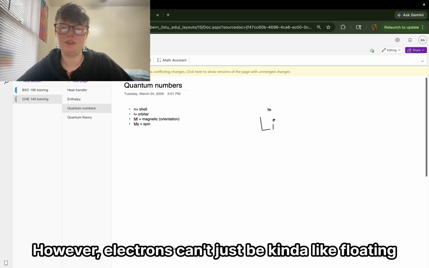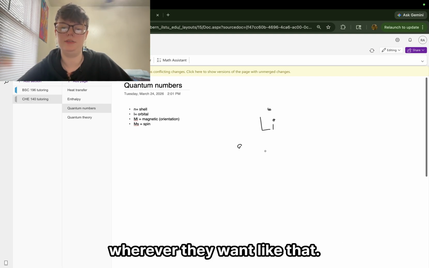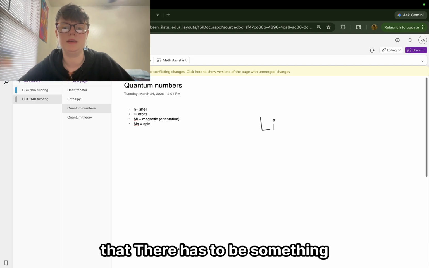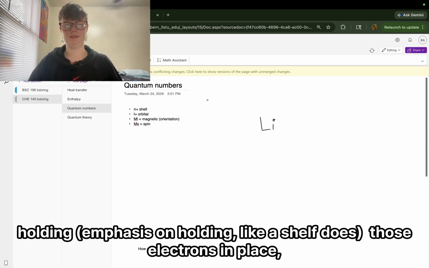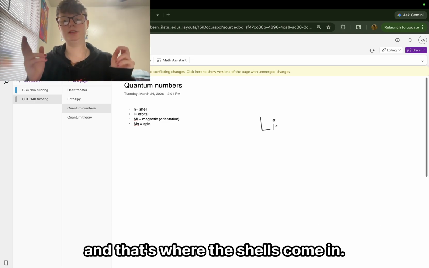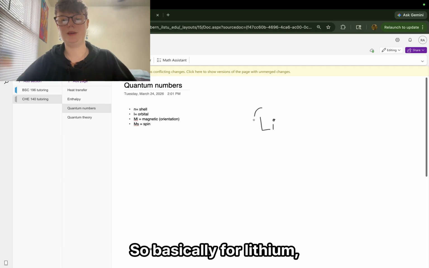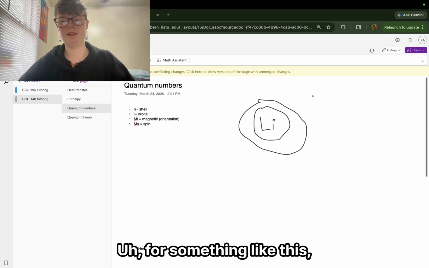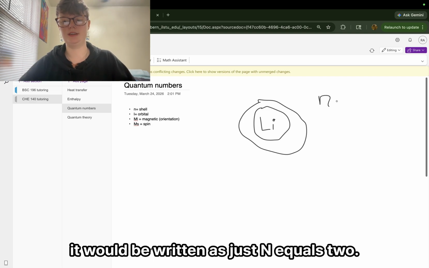However, electrons can't just be floating wherever they want. There has to be something holding those electrons in place, and that's where the shells come in. For lithium, you would have 2 shells, written as n equals 2.